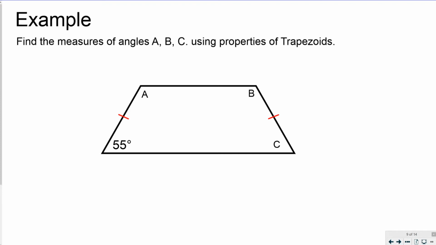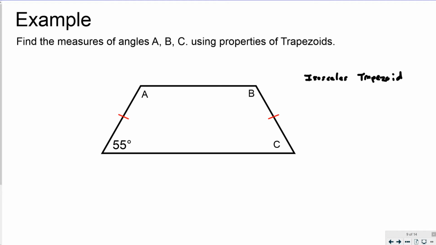So in this example here, it says find the measures of angles A, B, C using properties of trapezoids. So not only is this a regular trapezoid, but I know that it is an isosceles trapezoid. And it's isosceles because it has two legs that are marked. So it's an isosceles trapezoid because of this and this marking right there.